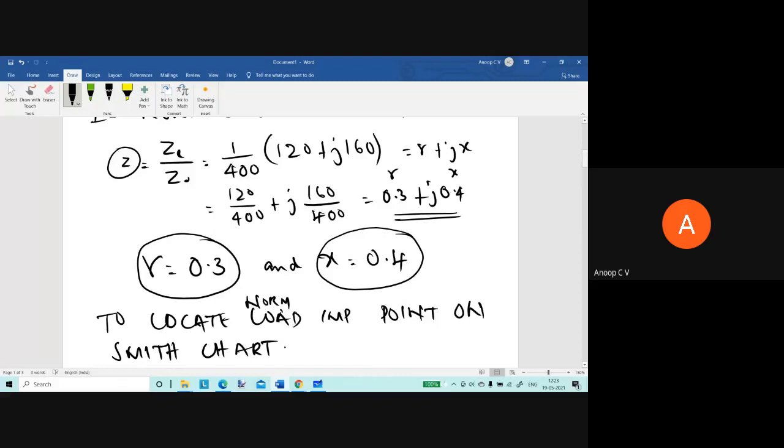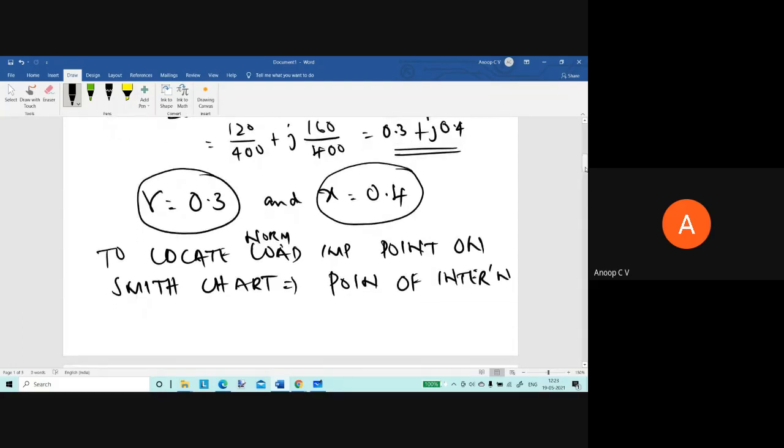I should find the point of intersection of the circles R equal to 0.3 and X equal to 0.4. This is what we are going to mark.